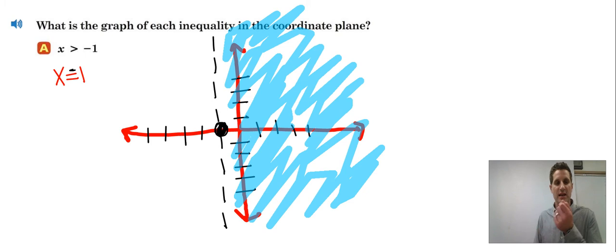And this makes sense. X has to be greater than -1, which means could x be 1? Could it be 4? Could it be 0? Yeah. Could x be -2? -2 is not bigger than -1, so that wouldn't work. So we can also do it with single variables where we don't have two things to graph, but just vertical or horizontal looking lines. Okay, we'll talk about this more as we meet with one another.